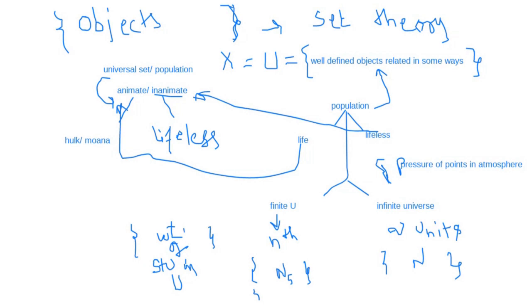It will be included in infinite universe. Yes, points are infinite, but atmosphere is infinite. You see, you cannot say it starts from here, it ends there. If you are looking at this sky, if you are standing somewhere and you want to calculate the pressure just above your head, we cannot say it starts from here and it's ending at some other point.